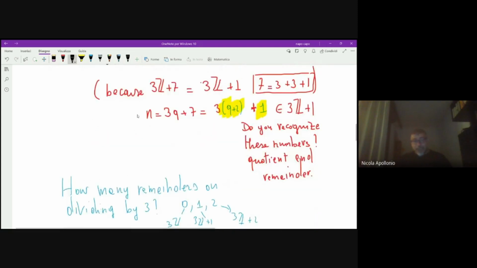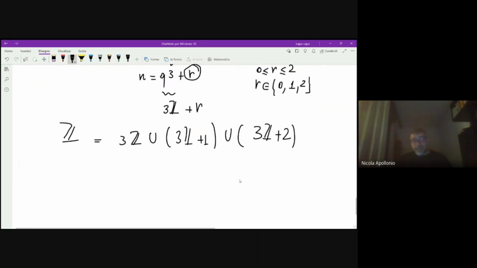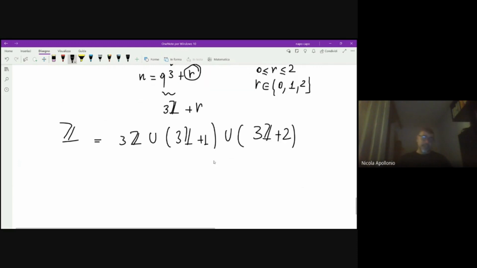But this is quite general. You can do this partition and you can recover the same result by choosing any integer in place of 3. This is called the modulus. Replacing 3 by any integer number, for instance, fix an integer number m now. We have a restriction.